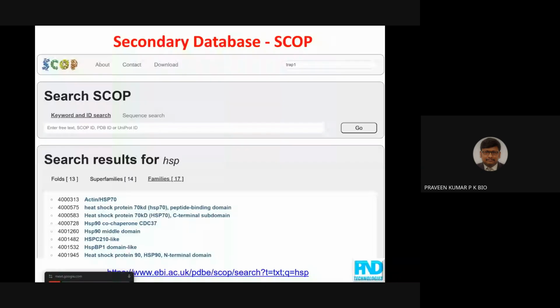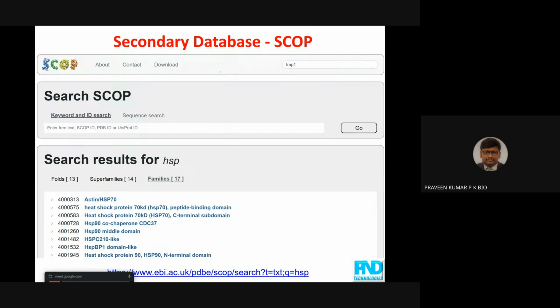The next database: till now, I started with sequence databases, structure databases, then went to the binding site databases and then the PPI interaction databases. Now I am coming to the secondary databases.